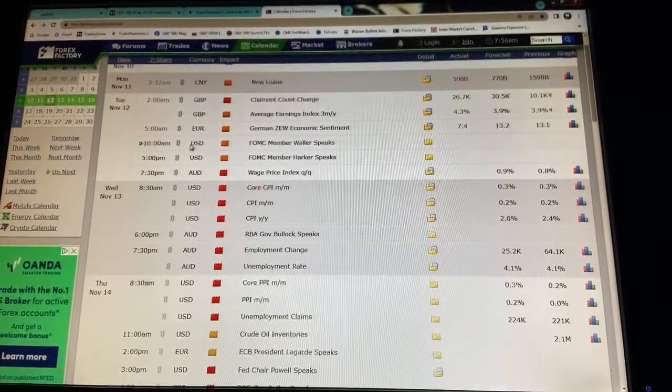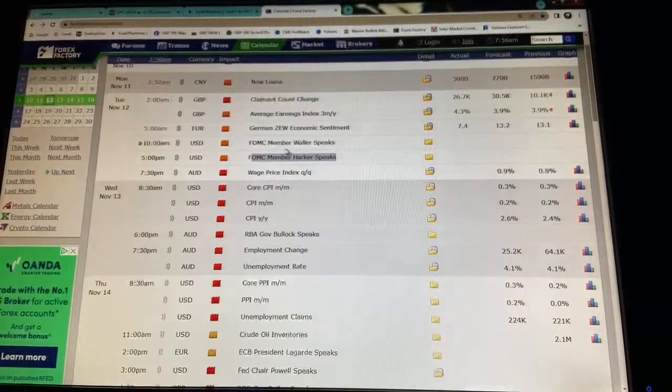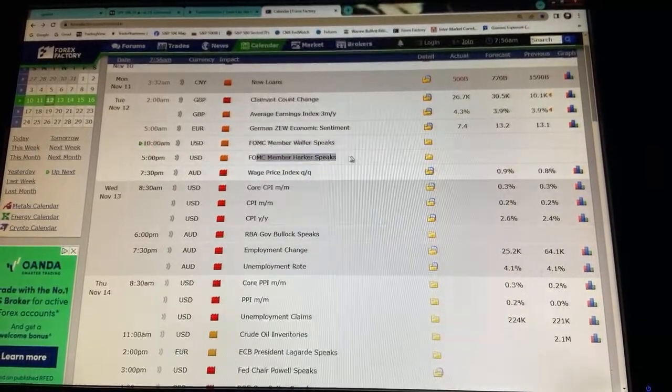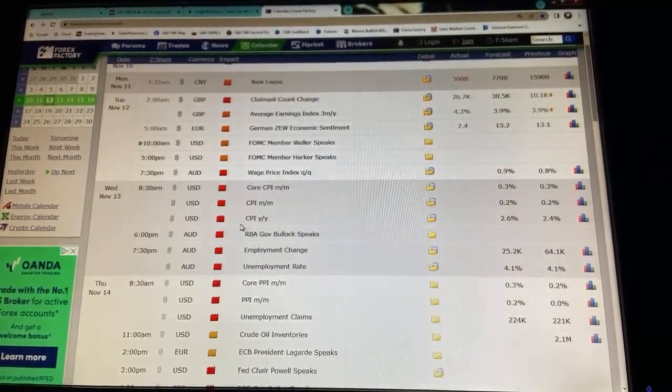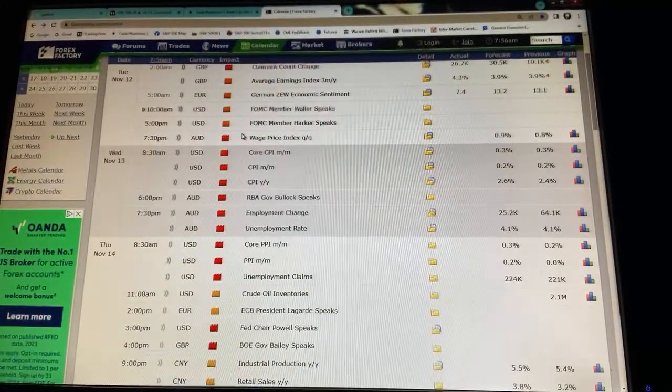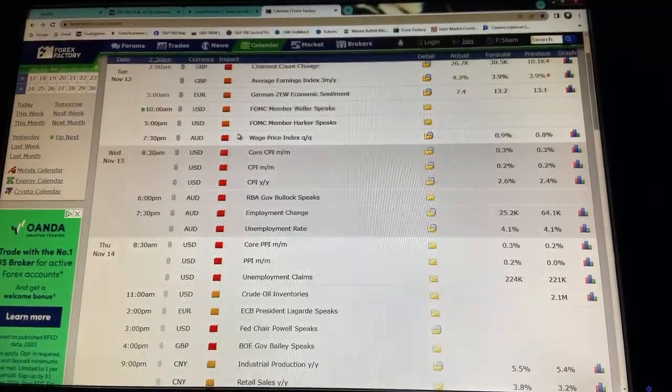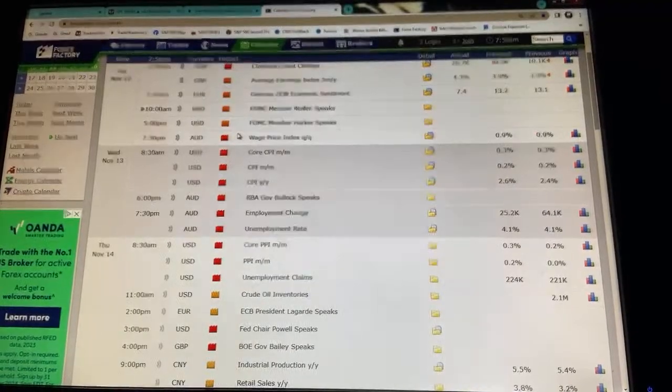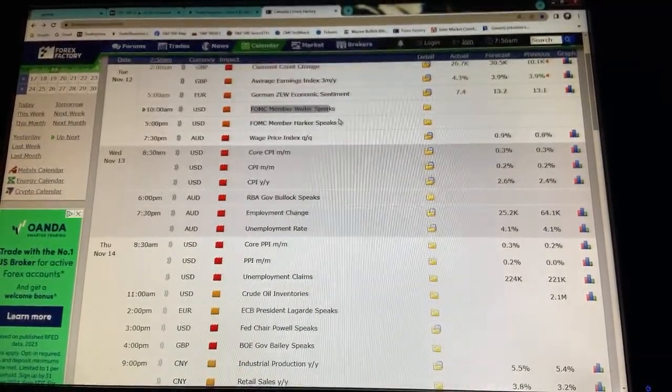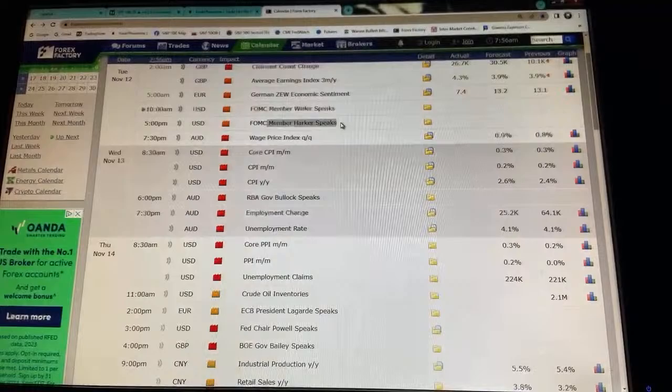Today is fairly calm for the most part here in the U.S. We got a couple of small ones: FOMC, Waller speaks, Hacker speaks. They're not going to be too much of a big deal. Jay Powell barely spoke when he was doing the rate announcement last week, just giving yes or no answers, looking tired. So it's already done.